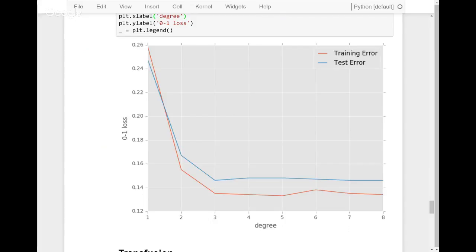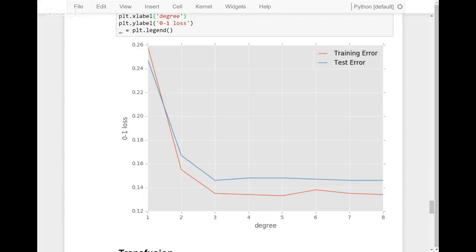Typically the test error is going to be a relatively faithful, non-biased representation of this notion of true risk. What's the probability that I correctly classify my point when I get a new point? It's sort of a simulation of that. Whereas the training error is not going to be a faithful representation.